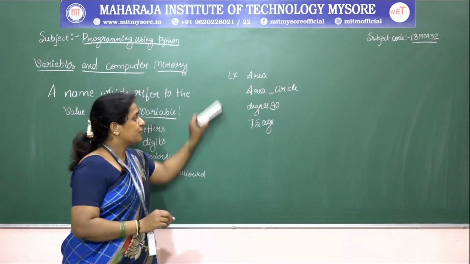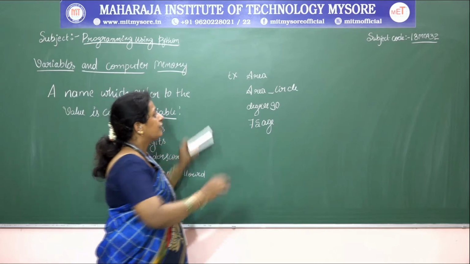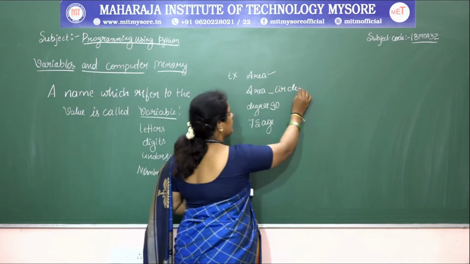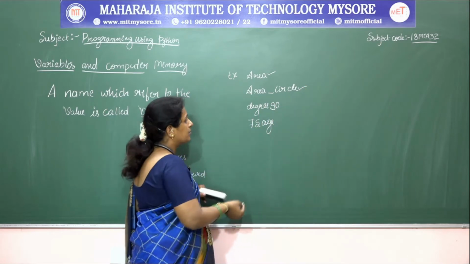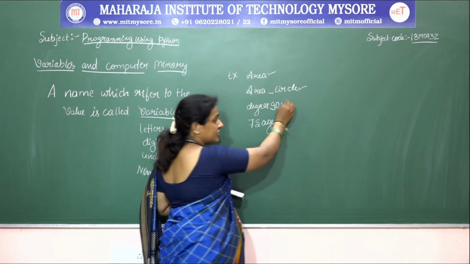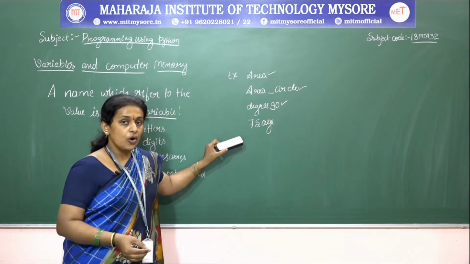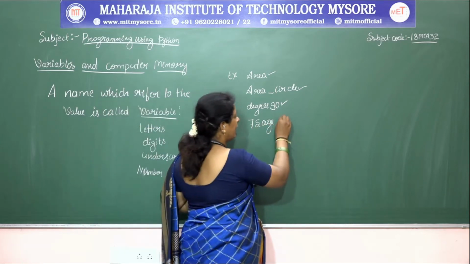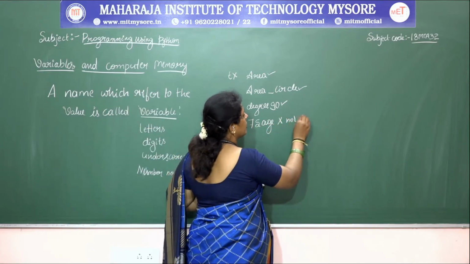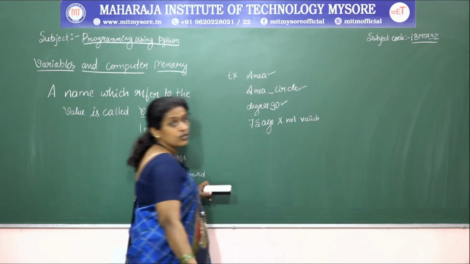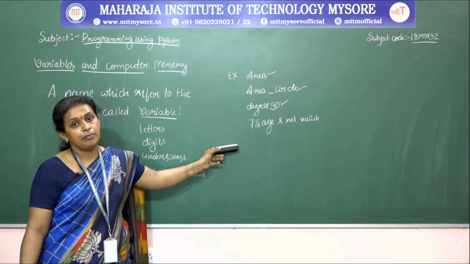So with respect to these examples, a variable name can be letters, it can use the underscore symbol, and it can be a combination of letters and digits, but it should not start with a number. So this last one is not valid in Python.